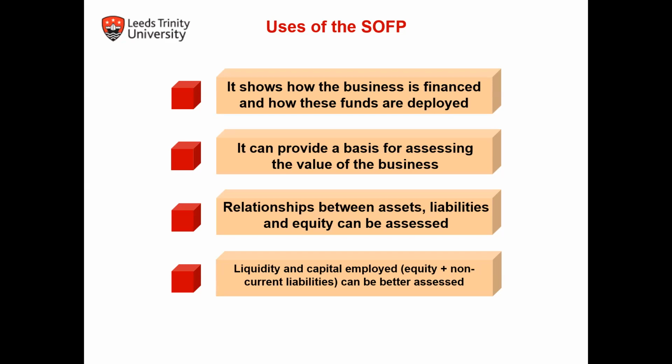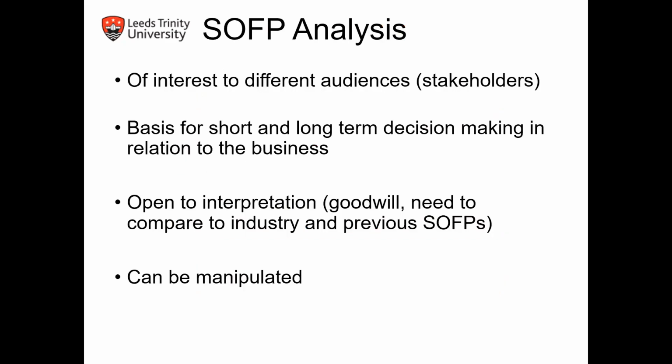The relationship between assets, liabilities and equity can be assessed. Liquidity and capital employed, equity plus non-current liabilities, can be assessed. So we will look at it carefully and in more detail, what percentage of this business is financed by debt and how much is financed by equity.